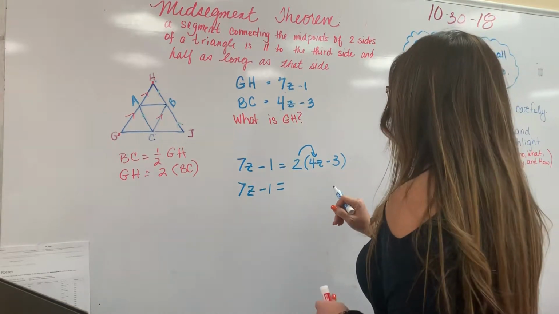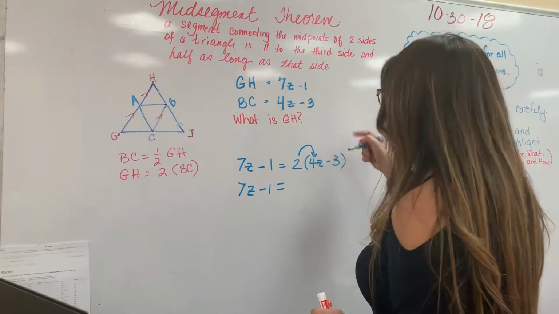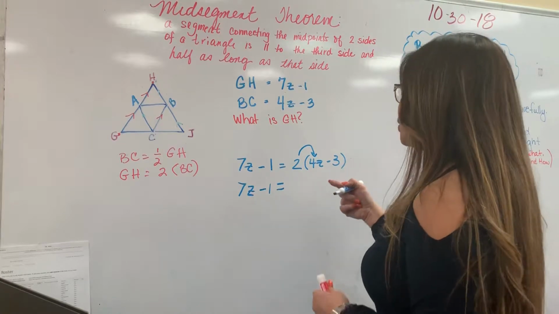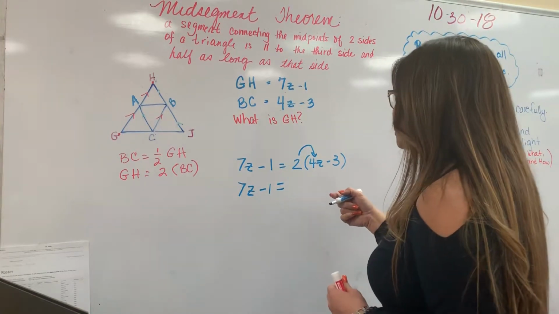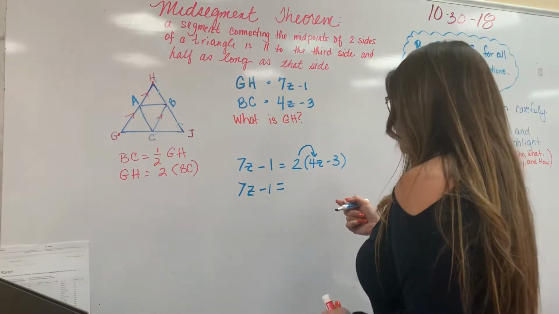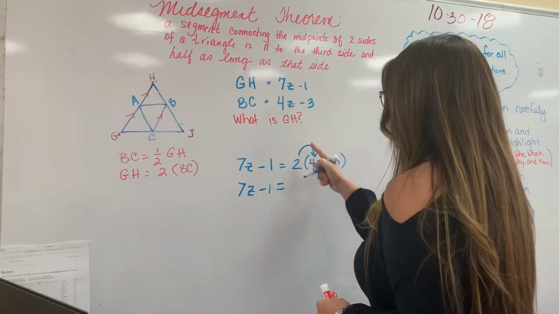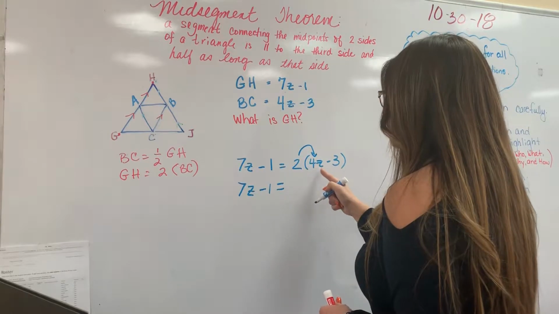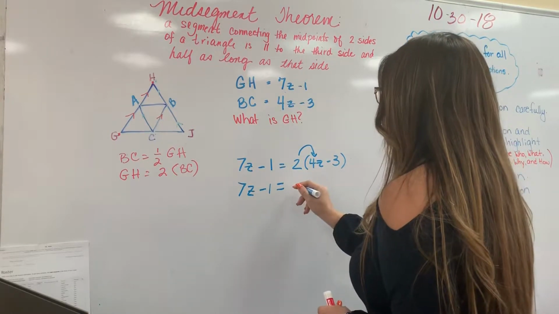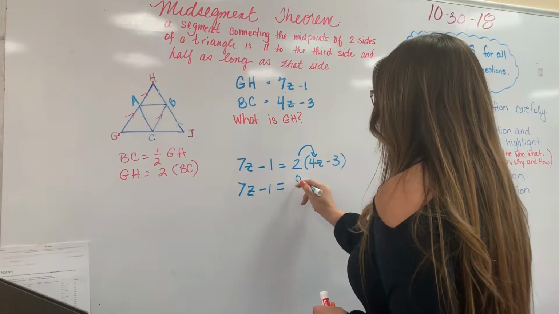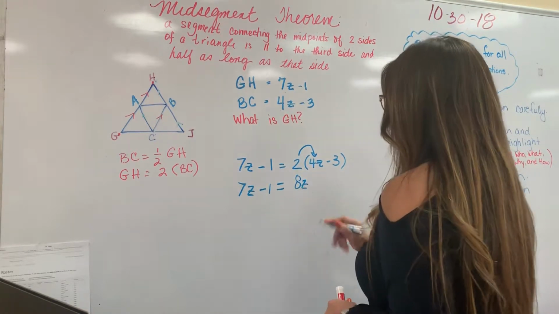The rule is that when we're multiplying or dividing same signs, it equals a positive. Different signs is a negative. So here we have a positive 2 multiplied by a positive 4z, therefore it is going to be a positive number. 2 times 4 is 8, that's 8z.